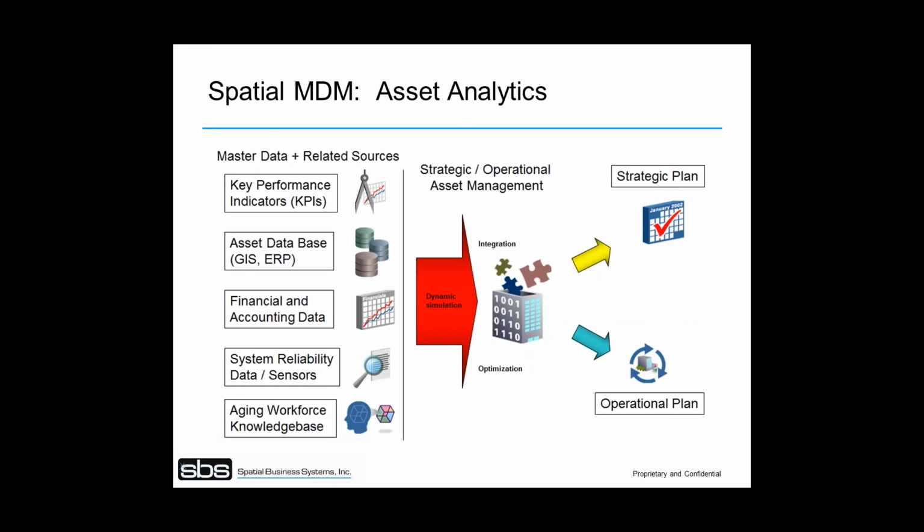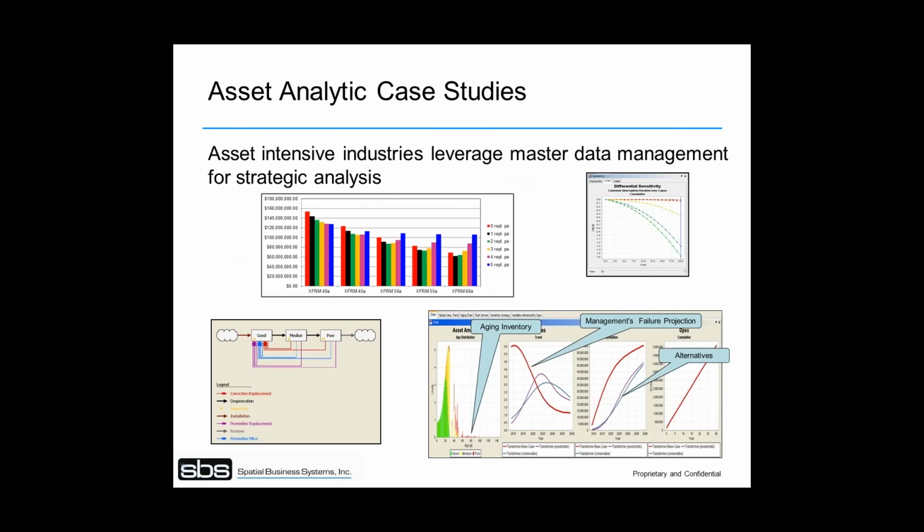So with asset analytics, I'll just cite a few examples of studies we've done with our clients. In this particular one, with all the bright colors in the upper left, this is an asset analytics study that was done on transformer reliability. So transformers are very costly assets.